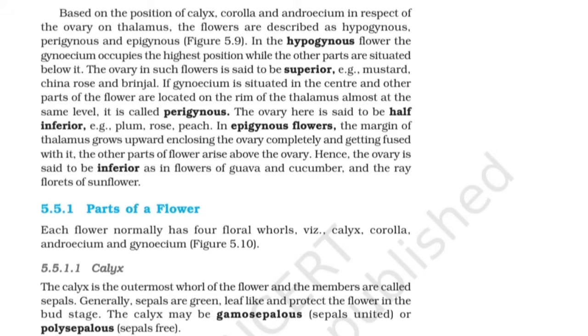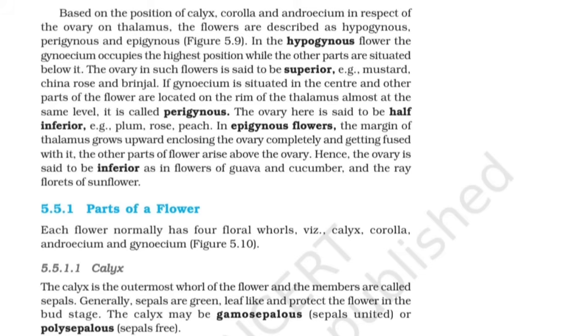Each flower normally has 4 floral whorls, viz., calyx, corolla, androecium, and gynoecium. Calyx. The calyx is the outermost whorl of the flower, and the members are called sepals. Generally, sepals are green, leaf-like, and protect the flower in the bud stage.